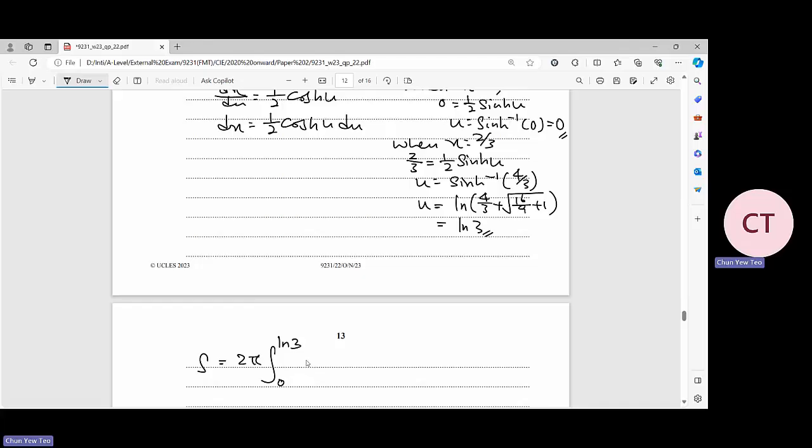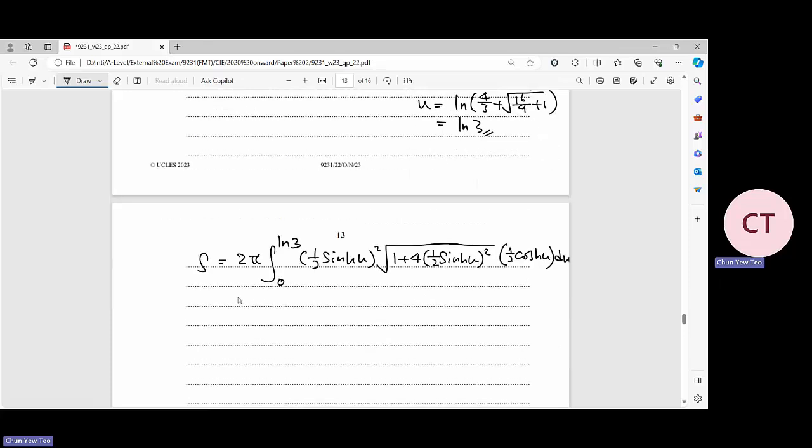So x squared, your x is half sinh u, square root of 1 plus 4x squared, then this one is the half cosh u du. Okay, so this is what I have.